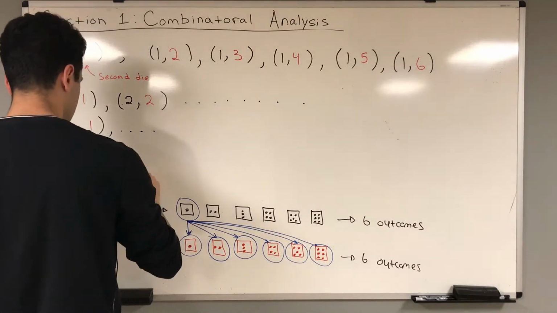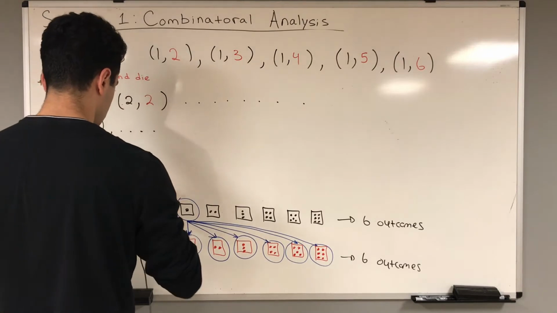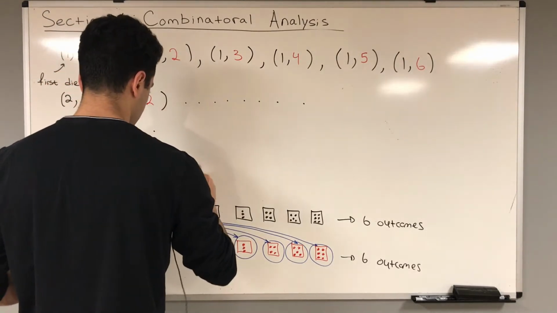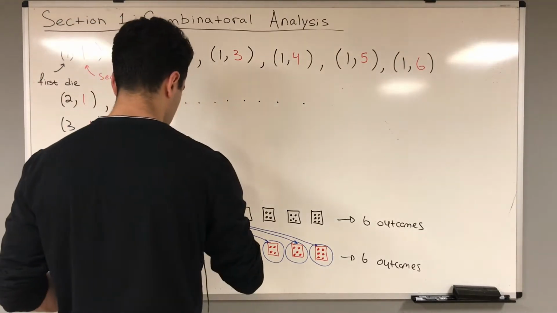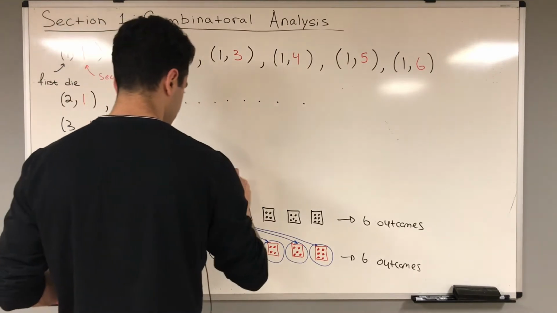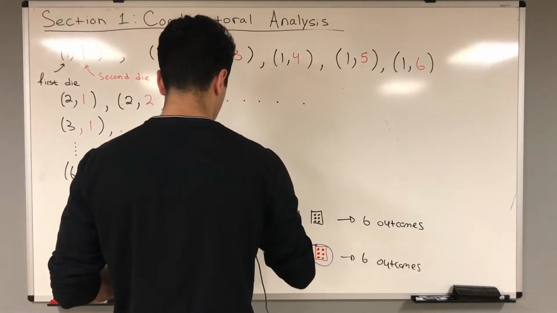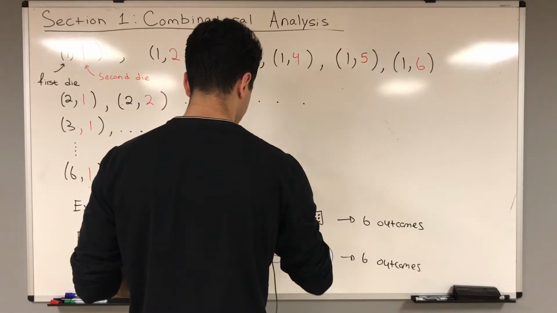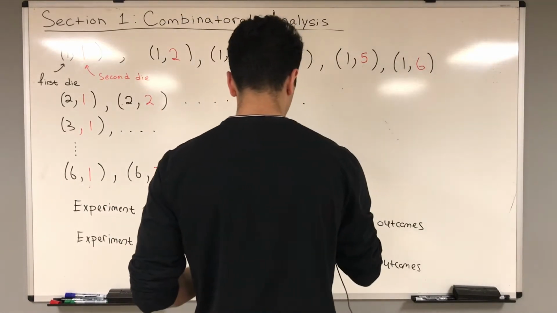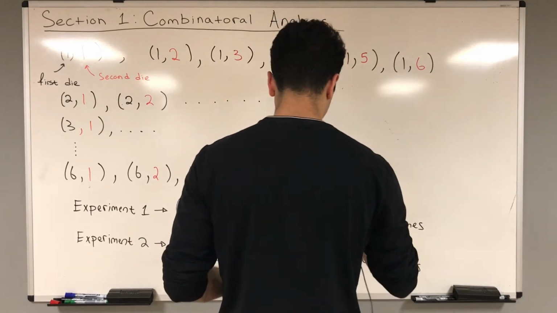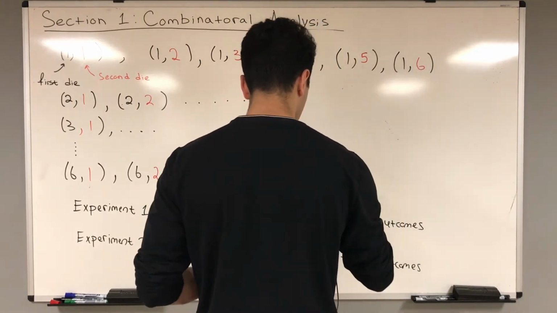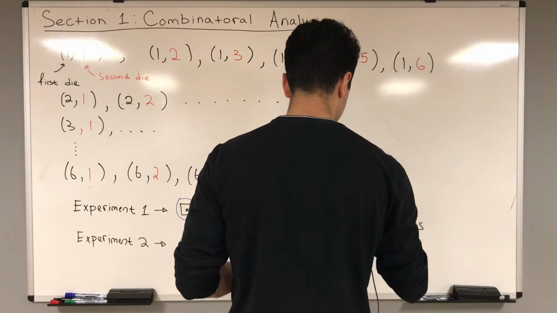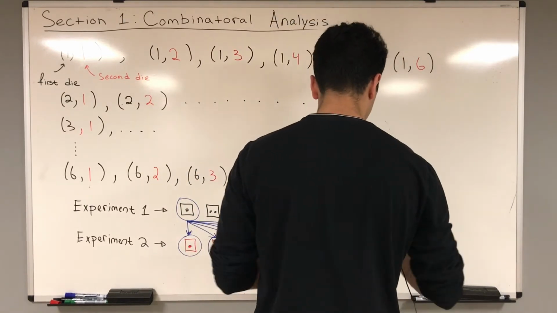So 6, and then the 3 on your second die, and then you could get again the 6 on your first, but a 4 on your second, and then a 6 and then a 5 on your second, and then you get a 6 but a 6 on your second.